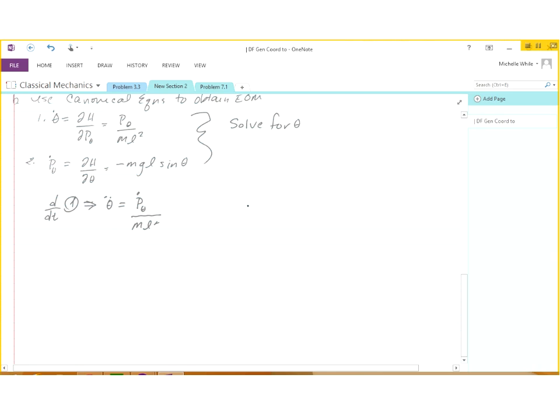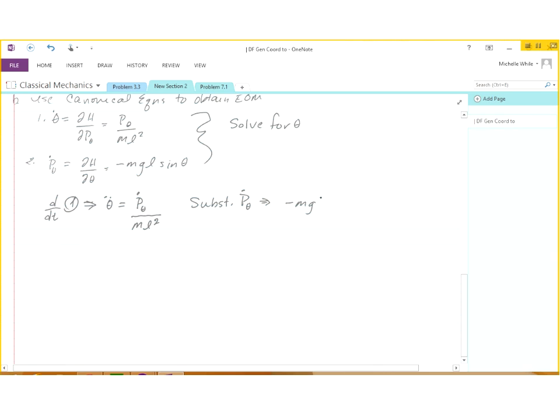And now I'm going to substitute the momentum term, that is the derivative with respect to time, the p dot, into our equation.